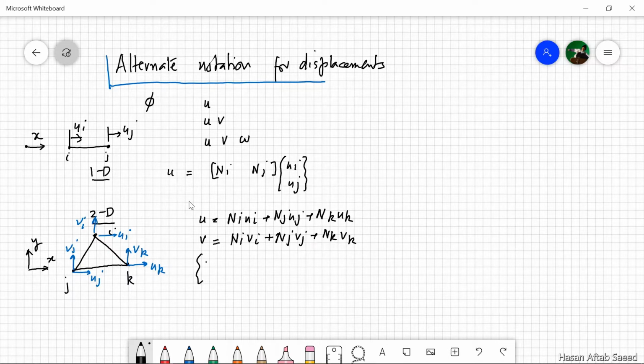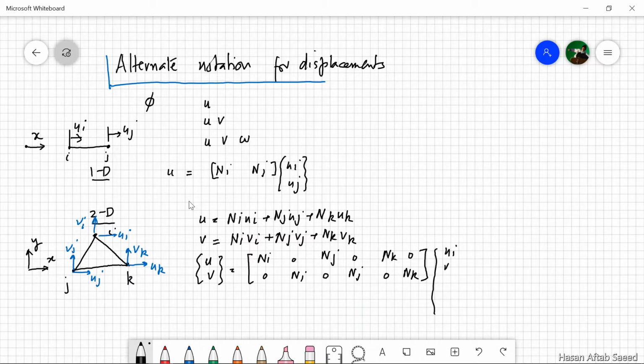Or in vector form we can write it like this: u, v equals the matrix ni, 0, nj, 0, nk, 0 in the first row and 0, ni, 0, nj, 0, nk in the second row, times the vector ui, vi, uj, vj, uk, vk.